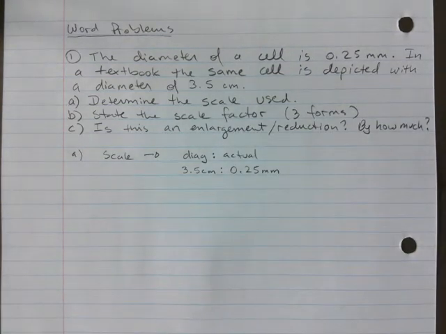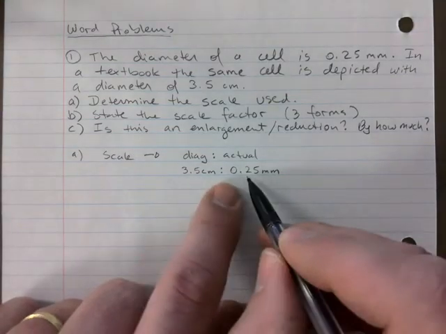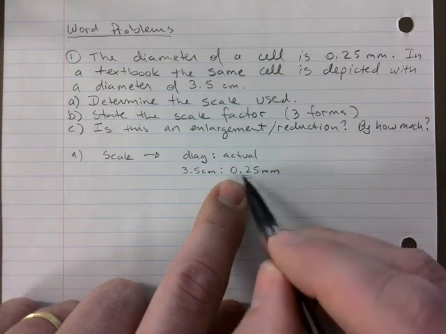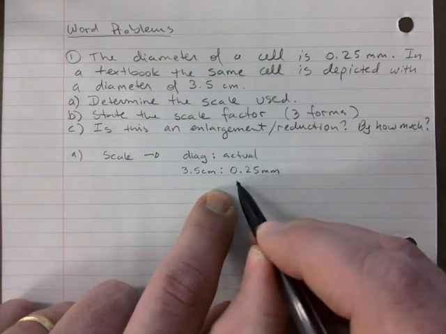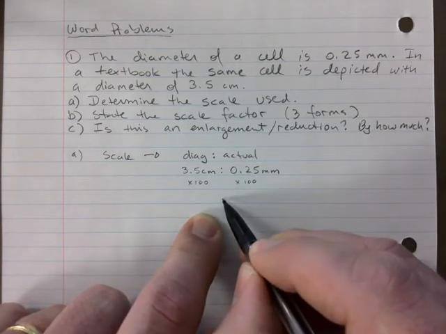Now, technically, a scale can have different units, but we don't like decimals. So you treat it like a fraction. Look at both numbers. Which one has more decimals? This one has 2, so you multiply this by 100 and you multiply this by 100.